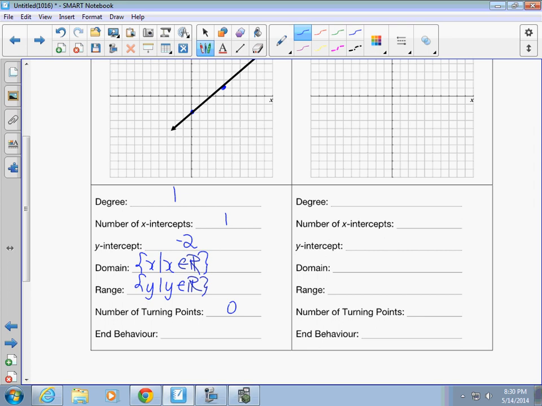End behavior. So remember, end behavior, we always start from the left to the right. So this end behavior, it would start in quadrant 3 and end in quadrant 1.